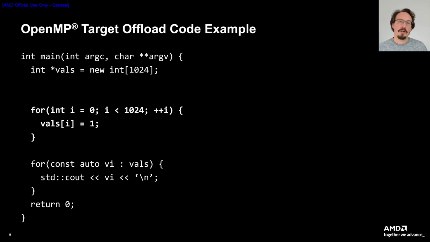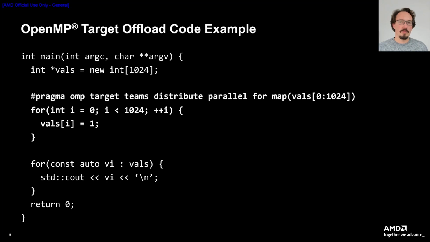If we annotate the for loop with a pragma omp target, this will create a target region. And with the distribute parallel for, we tell the compiler to map the different iterations of that for loop to the different teams and threads in these teams.